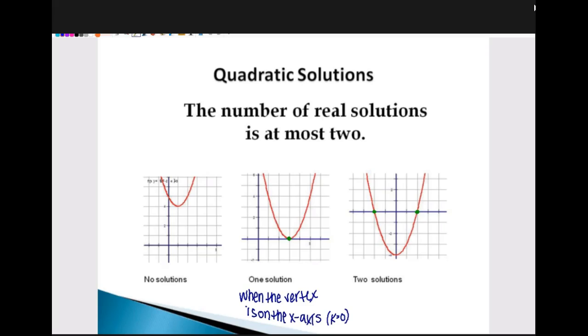Case 2 is one solution. That's when the vertex of the quadratic is on the x-axis.